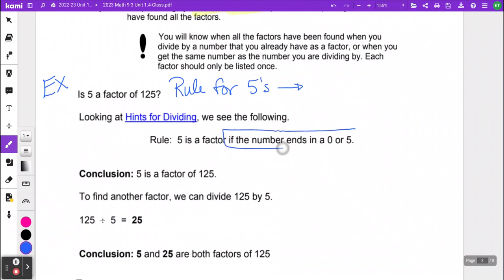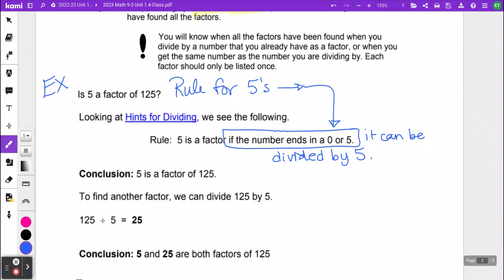If the number ends in a 0 or a 5, it can be divided by 5. Okay? So, rule for 5s is right there. If the number ends in a 0 or a 5, it can be divided by 5.